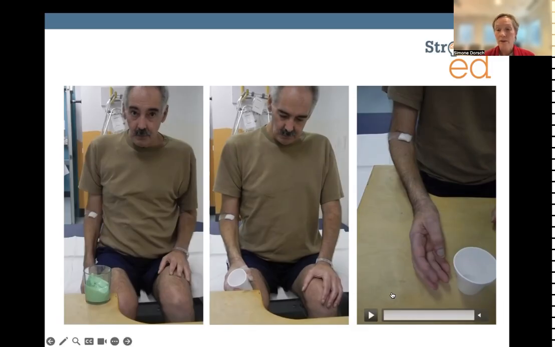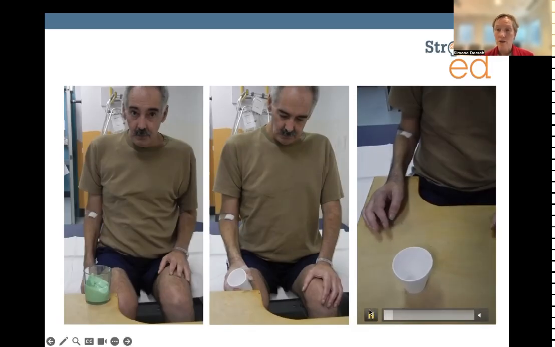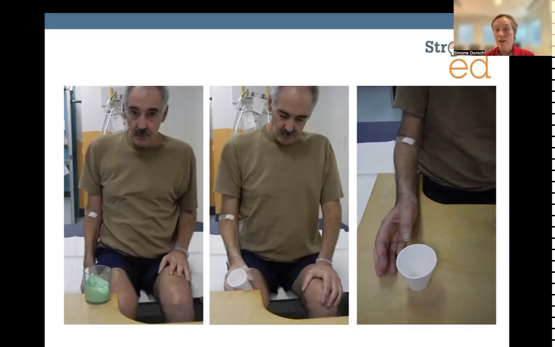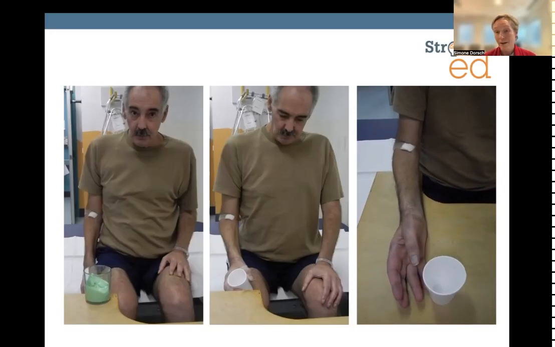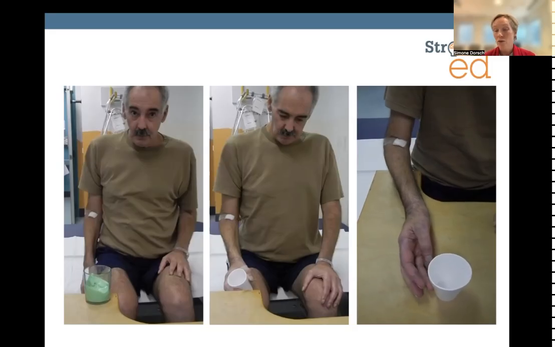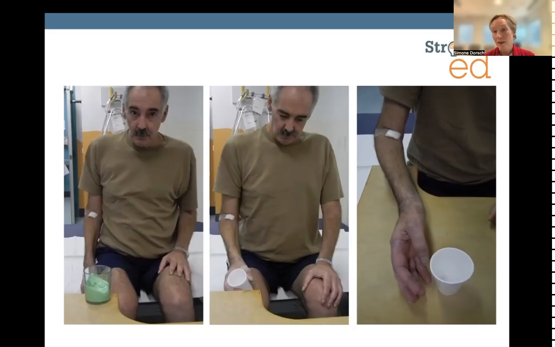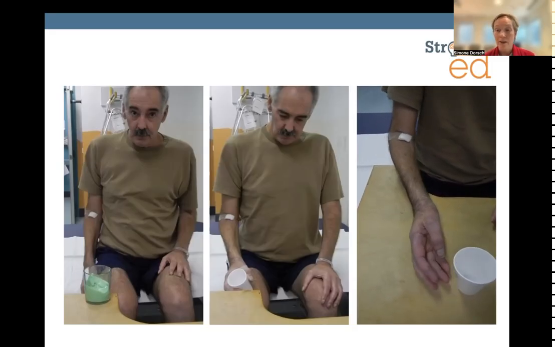So in fact, he actually then starts to get some abduction and internal rotation at his shoulder in an attempt to try and get the aperture of his hand towards the cup. So you can see here he starts to abduct and internally rotate. So again, that component is really probably too difficult for him to practice at the moment, and he needs lots of strengthening of thumb abduction, strengthening of wrist extension, strengthening of his MCP extension as well too.